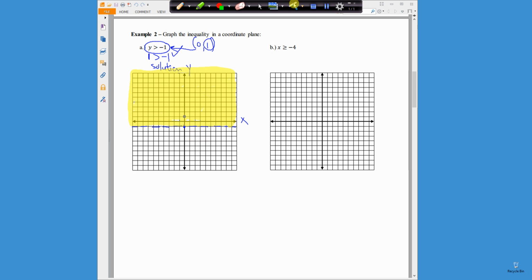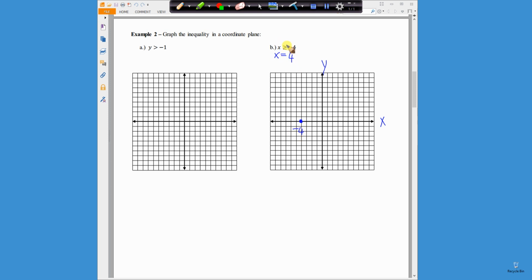Okay, so let's try that for x is greater than or equal to negative 4. Again, x, y here. And so x is greater than or equal to negative 4. Negative 4 is back here. So here x is negative 4. And now, remember, we're actually graphing the associated boundary line, x equals -4.